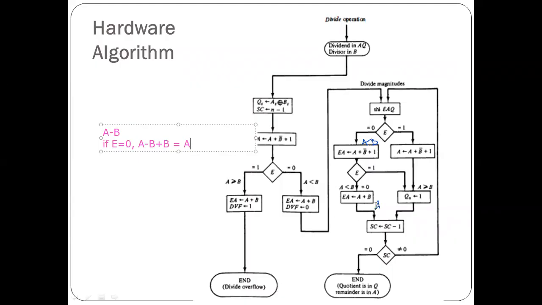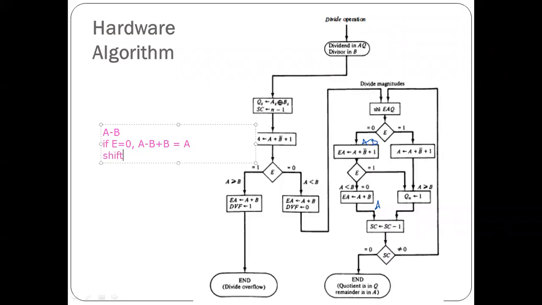And for the next cycle, what are you doing? You are shifting A left. Whenever you shift the bits in a register left, what is happening? It is as if you are multiplying it by 2. Shifting left is similar to multiplying by 2.